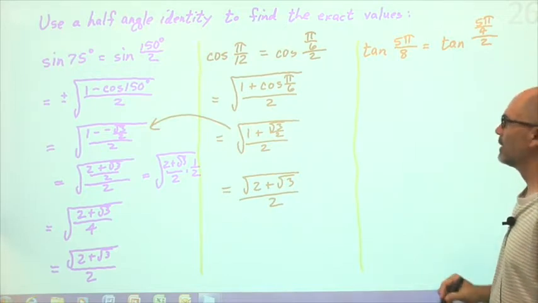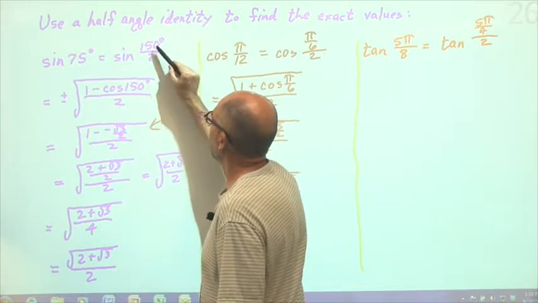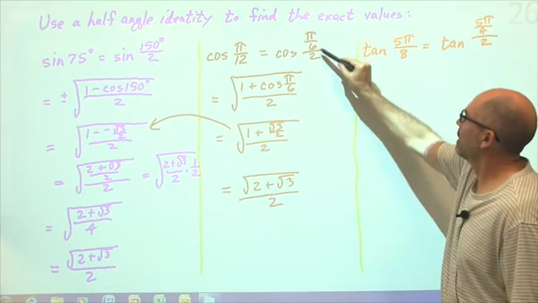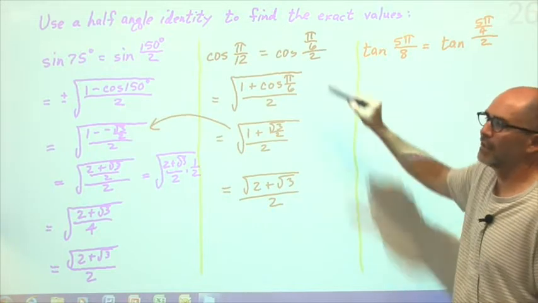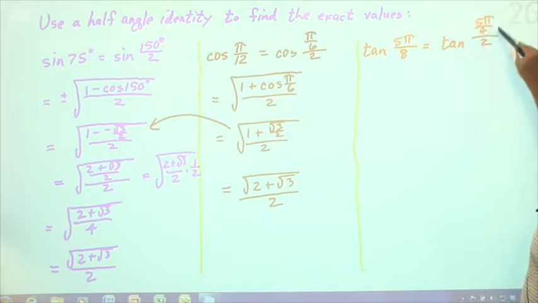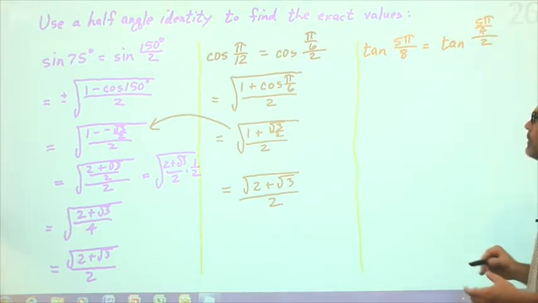Now, how do we do this? Well, notice what we've done every single time. You double your angle and then divide it by 2. Double your pi over 12 and it becomes pi over 6. Then cut it in half. Then double your 5 pi over 8, you get 5 pi over 4, and then cut that in half. So we've doubled it and then cut it in half.